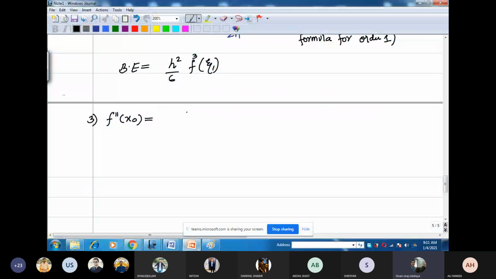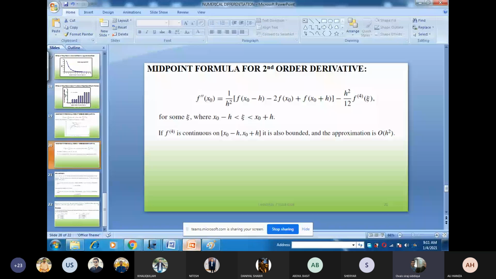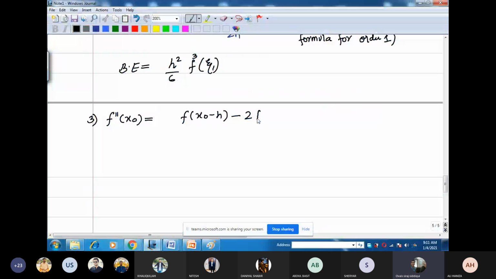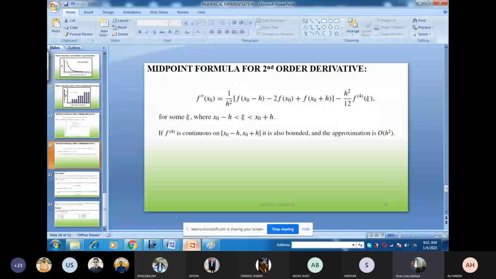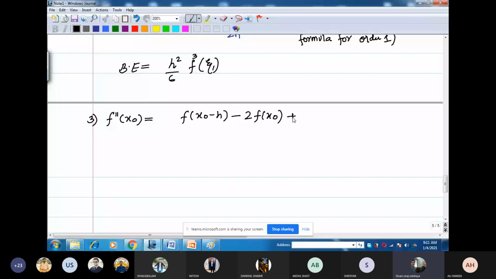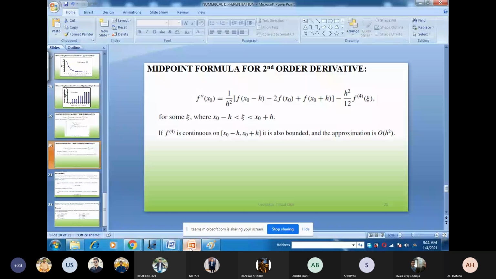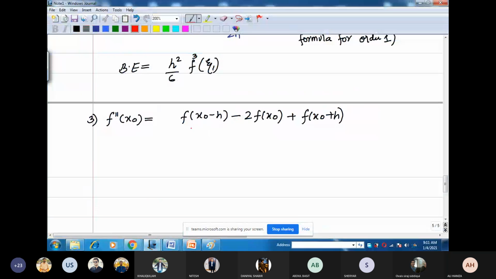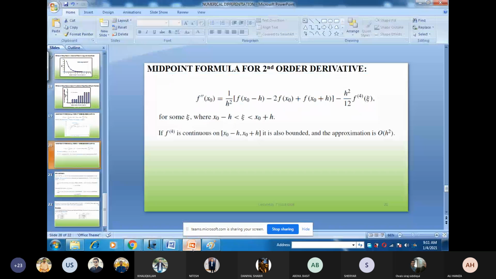f of x naught minus h and minus 2 times f of x naught, which came from Taylor's polynomial series, plus f of x naught plus h, and the whole thing will be divided by h square.